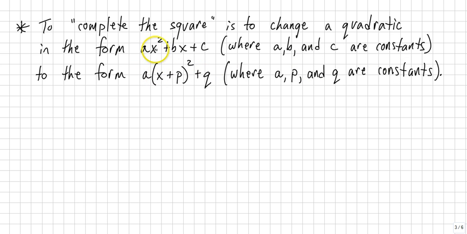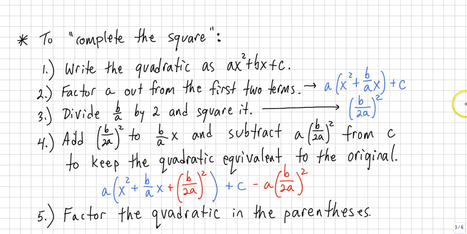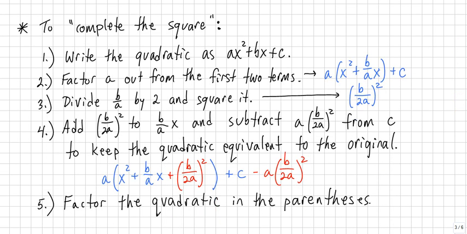So we're going to take quadratics that look like this and change them to look like this. Now they'll be the same quadratic, it'll just look different. And the reason we'll want to do this again is it helps us solve equations and it helps us graph and do some things with conics later on. It's useful throughout mathematics, but I'm just giving you the specific things for this year. So here's the basic idea. Now keep in mind, don't panic as you read through this and write it down.